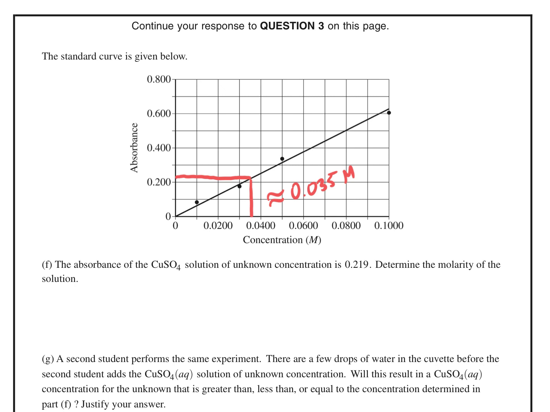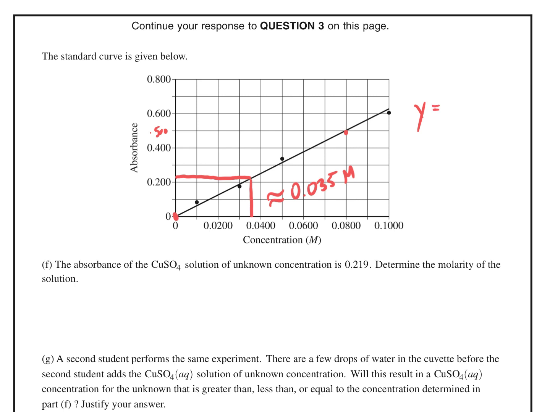The next thing you could do is actually find two points on this line that intersect known values. So I'll use the origin, 0, 0, and I'll go all the way over here where the concentration of 0.0800 crosses the line at 0.500 absorbance. And I'll do your old rise over run to calculate the slope of the line.